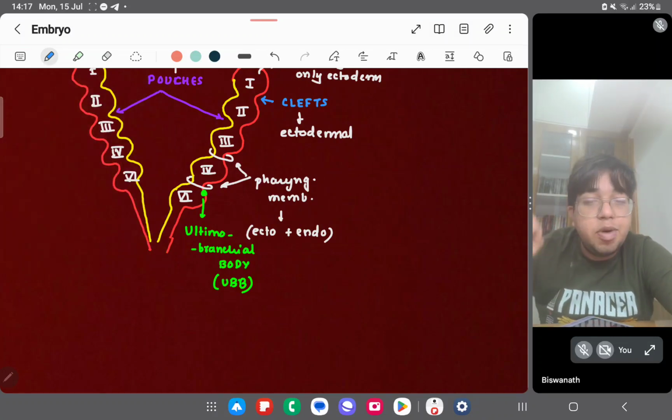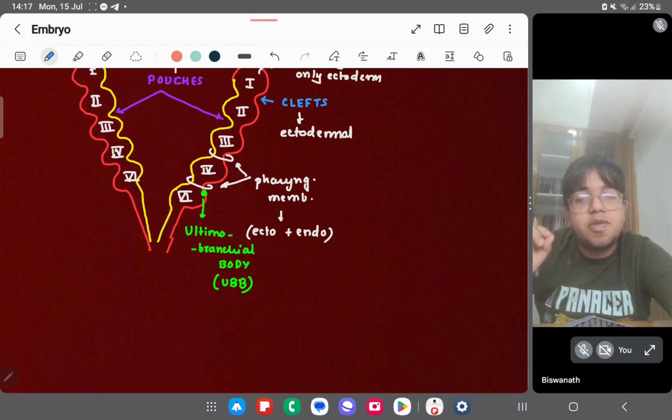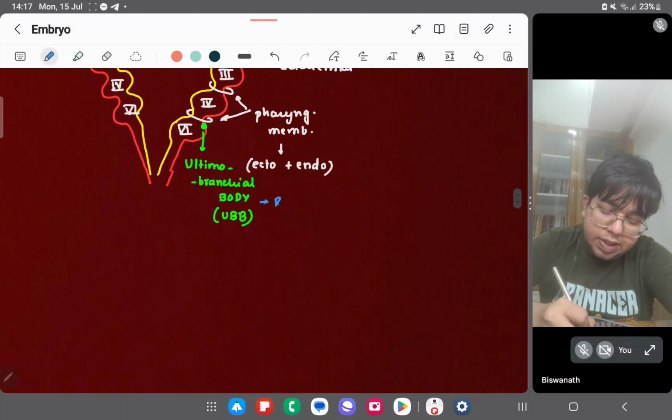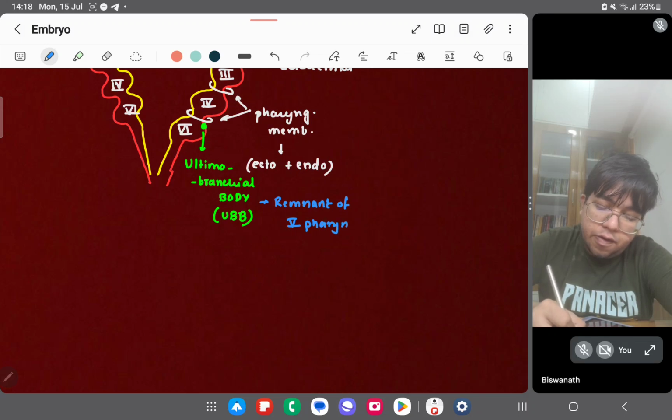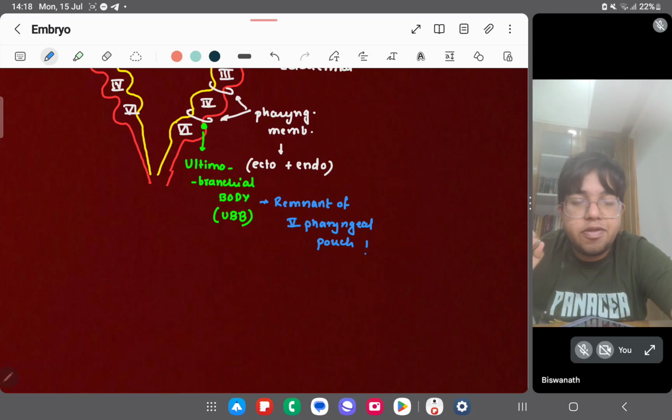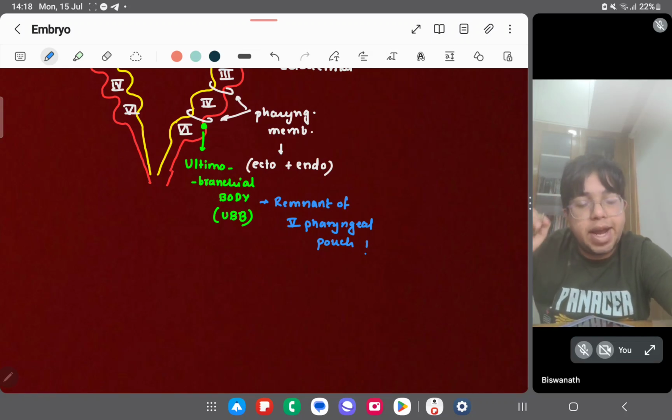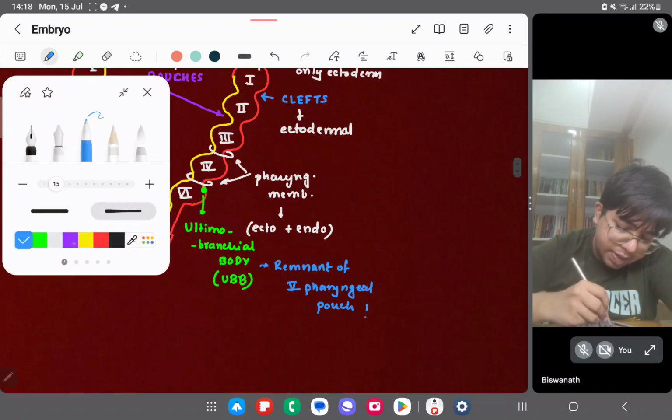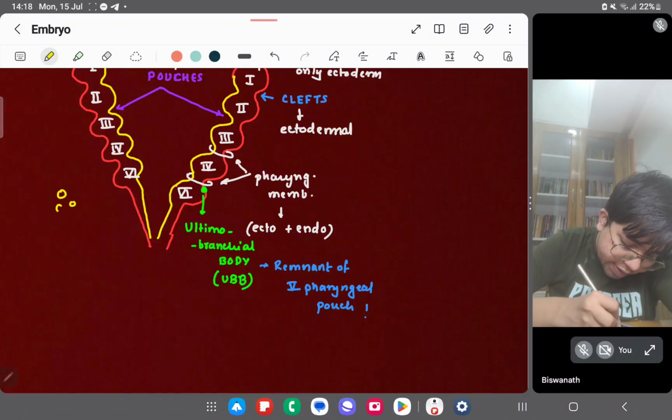This ultimobranchial body is actually a remnant of the fifth pharyngeal pouch. So what is the remnant of the fifth pharyngeal pouch? Your ultimobranchial body. And remember, what is its importance? We have some neural crest cells. Let's say these are neural crest cells.